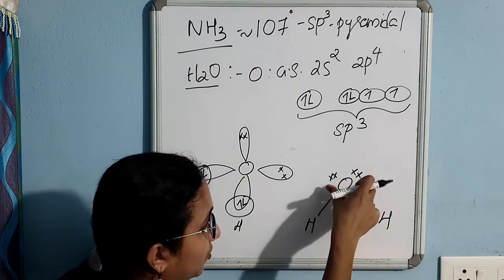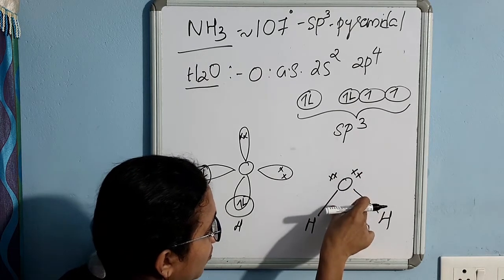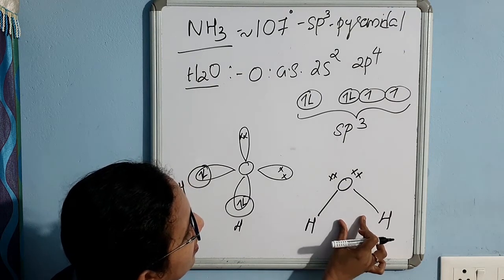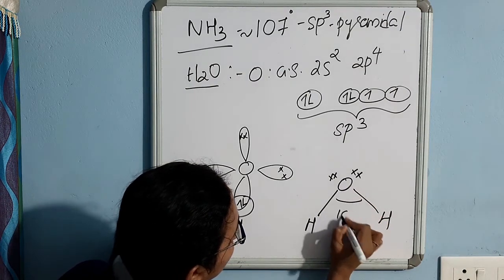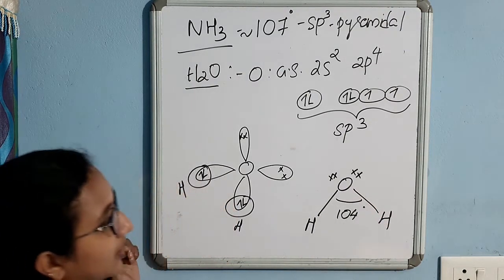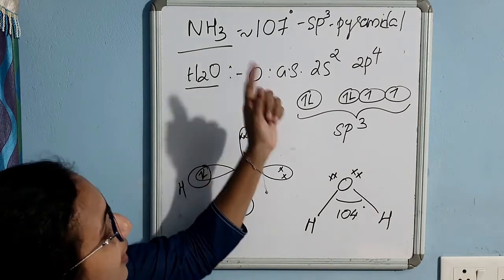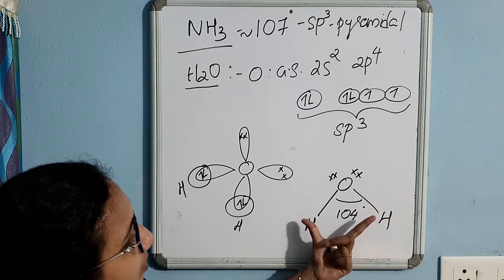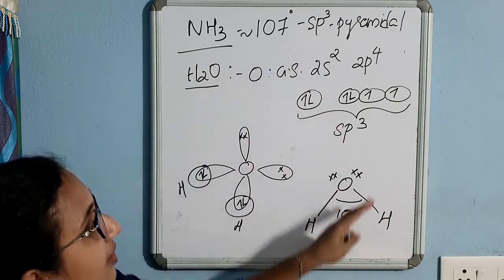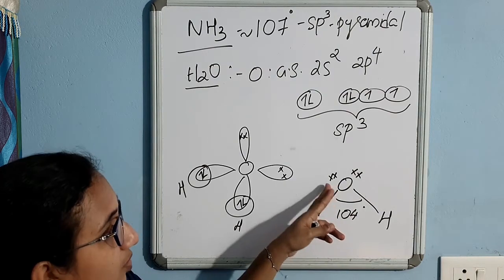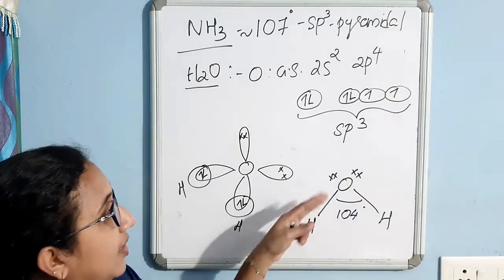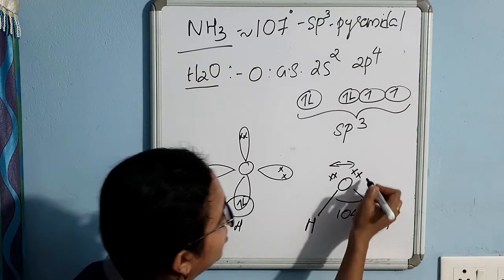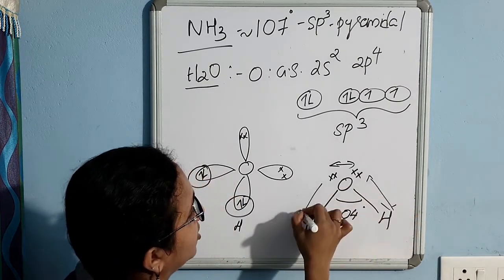Because of the presence of two lone pairs, these two bond angles will shrink towards each other, and the bond angle will be nearly 104 degree. In the case of ammonia, we had only one lone pair, so the bond angle was a little more widened to 107 degree, but here in the water molecule, because of the presence of two lone pairs, we have a high extent of lone pair repulsion, and also lone pair bond pair repulsion.